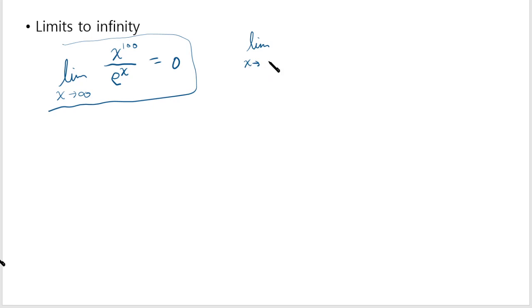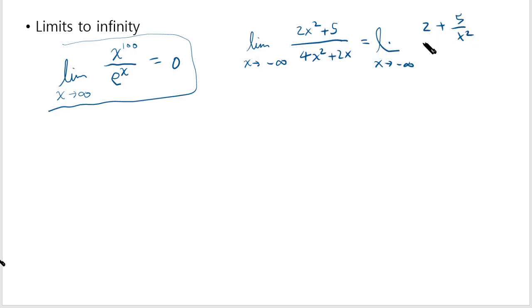If you have the limit as x goes to negative infinity of 2x squared plus 5 over 4x squared plus 2x, in this case you divide top and bottom by the highest power of the denominator, which is x squared. 2x squared divided by x squared would be 2. 5 divided by x squared would be 5 over x squared. 4x squared divided by x squared would be 4. 2x divided by x squared would be 2 over x.